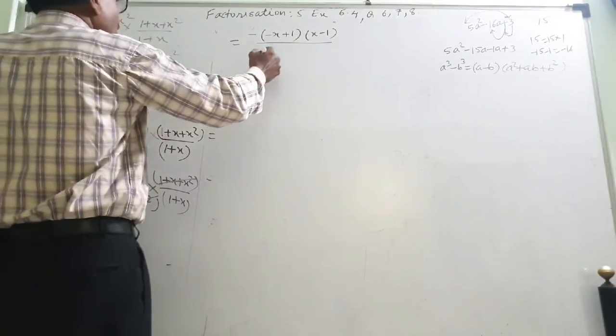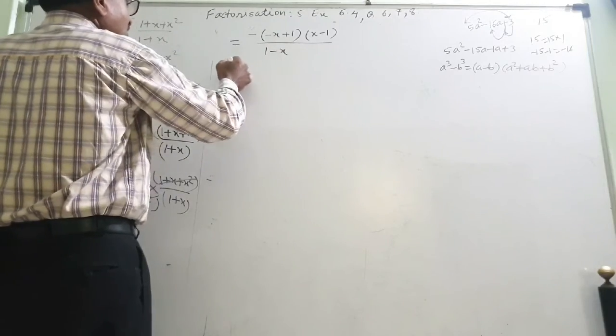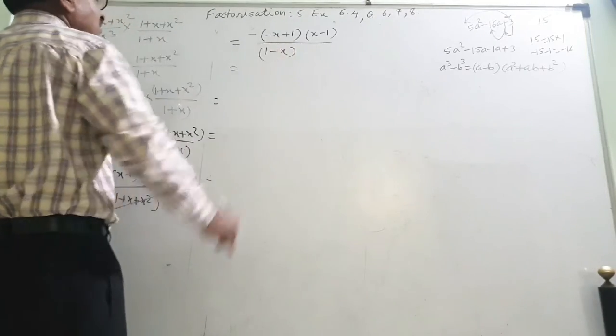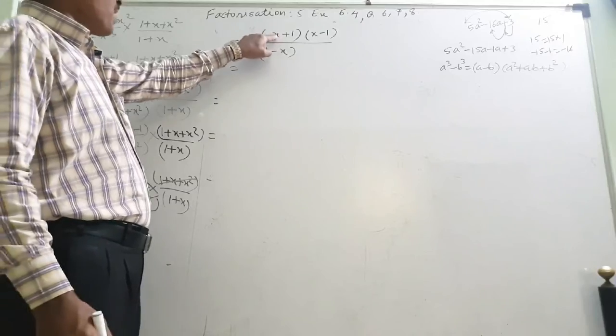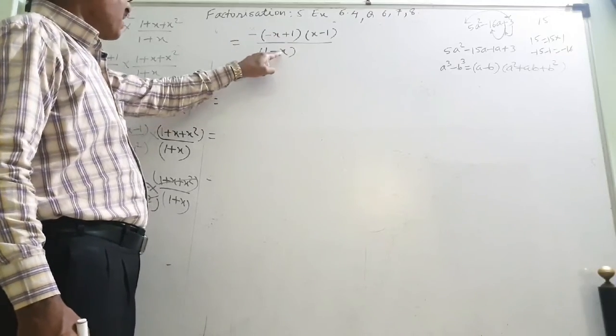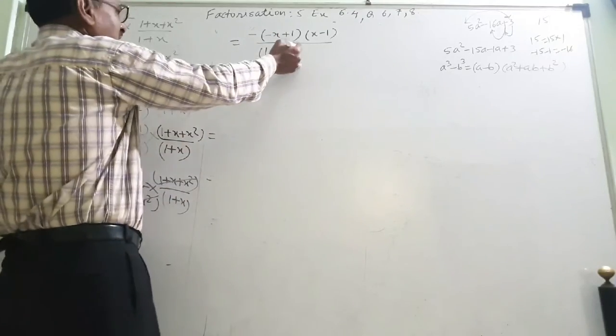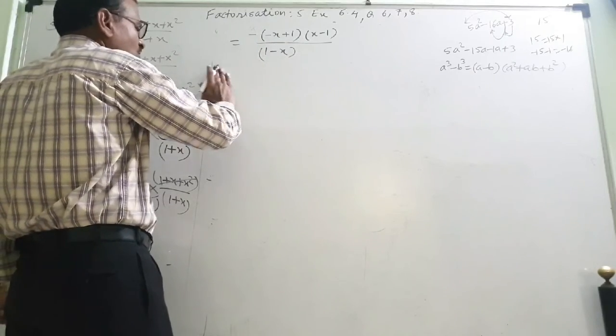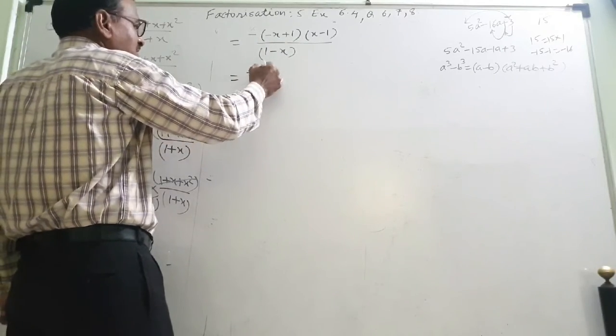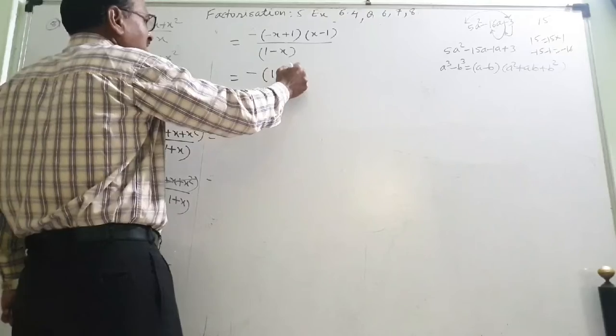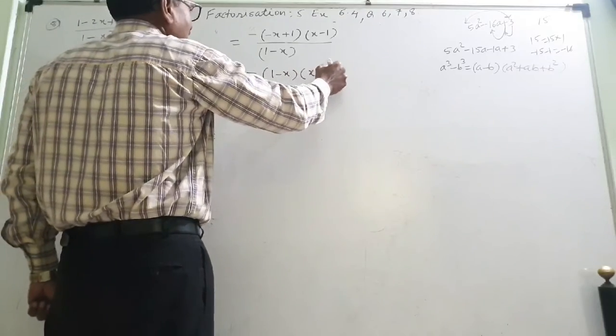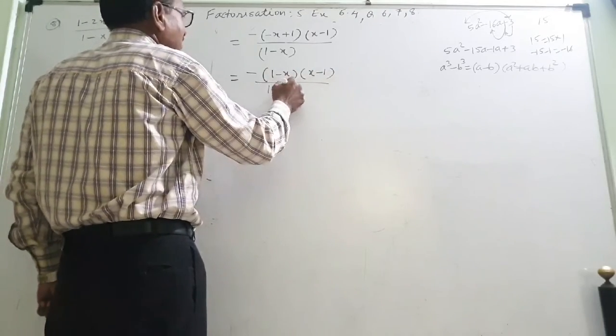Upon 1 minus x. So this is equal to, now this is minus x plus 1 and this is also minus x plus 1. So this and this is going to get cancelled. Or otherwise you can write minus, this I will write as 1 minus x. This will be x minus 1 and upon 1 minus x.